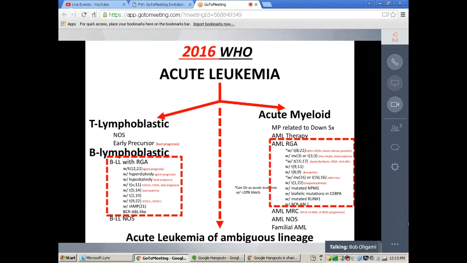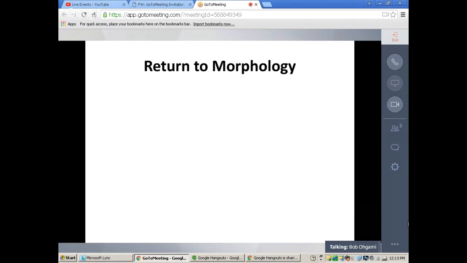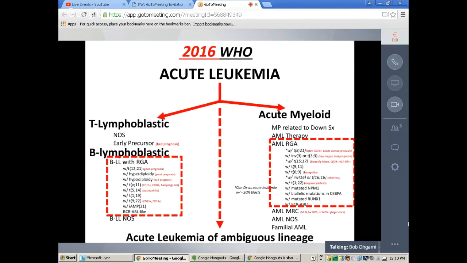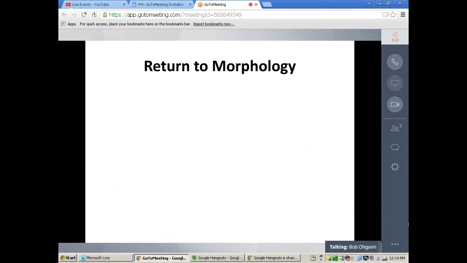They play a relevant role in the lymphoblastic leukemias in particular, and also the acute myeloid leukemias. There are recurrent genetic abnormalities seen in both of those entities that can force you into a certain subtype. We'll go through many of these acute leukemias with practical examples and how to deal with them, so to speak.